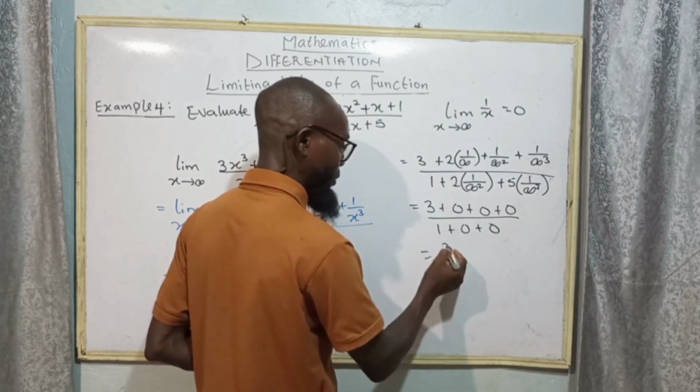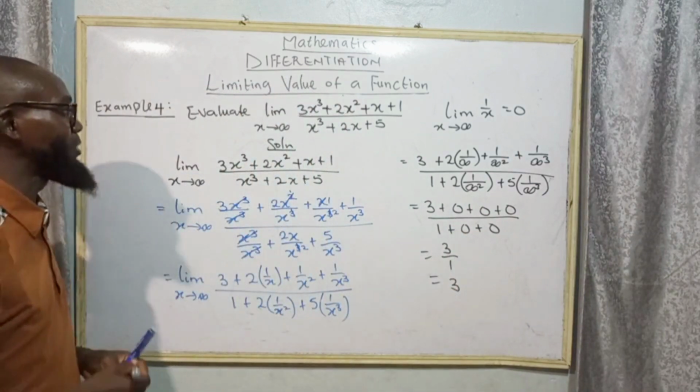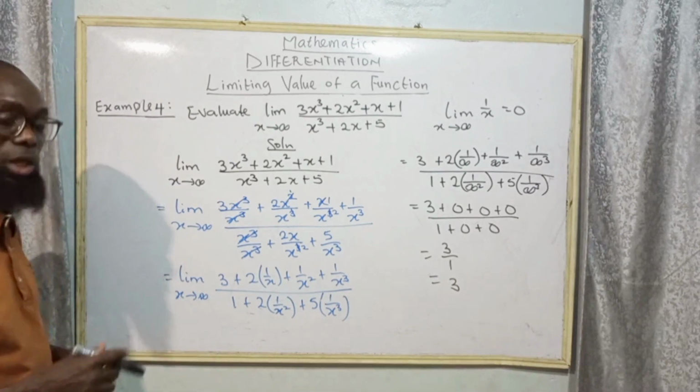Finally, we have 3 over 1, which is 3. So this is the way to look into limits.